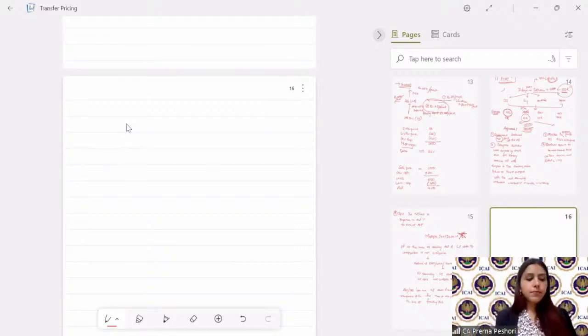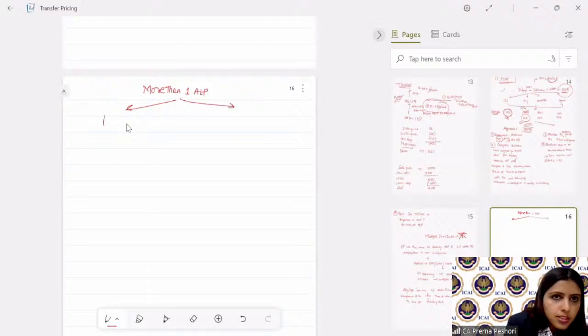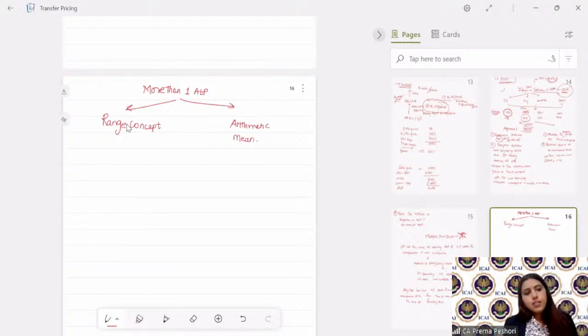For that, there are two methods. One is the range concept and the second one is the arithmetic mean.